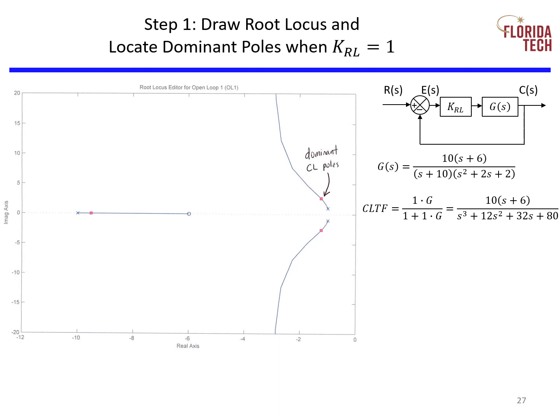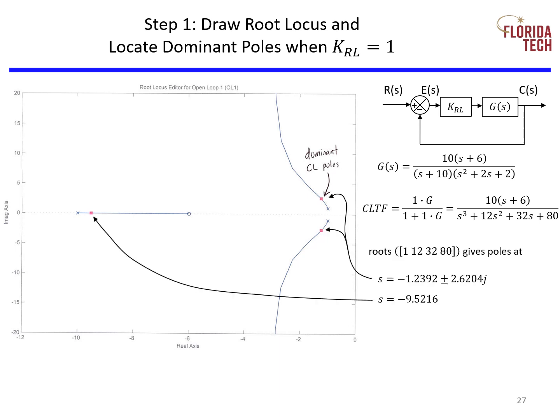Or we can form the closed loop transfer function and calculate the information from the closed loop poles. For this example, the damping ratio is 0.4275. Remember this value because we'll need it again in step 6.